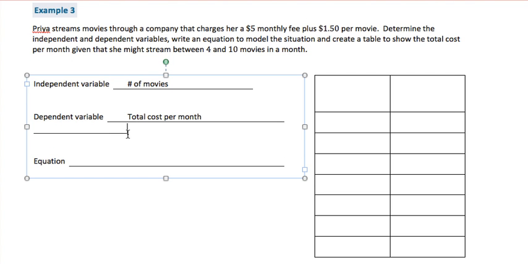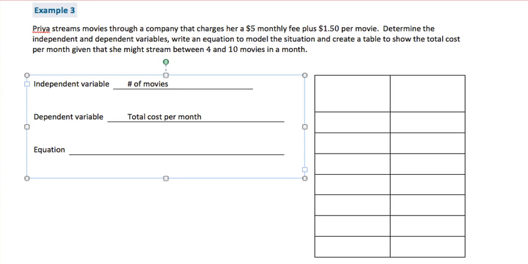Because remember, how much she pays per month depends on how many movies she rents. Now her equation, cost is going to be equal to 1.50 times the number of movies plus the $5 monthly fee.